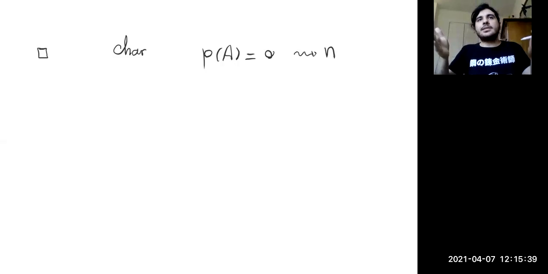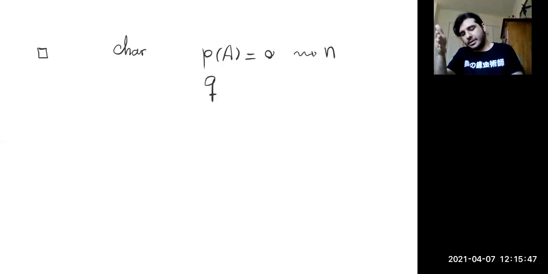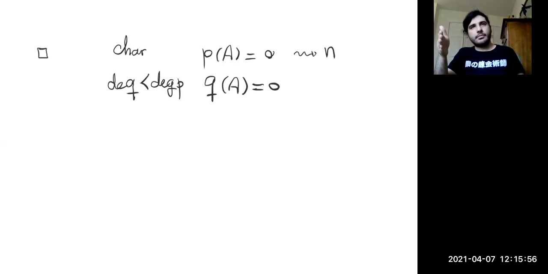Now, there are two possibilities. Either there is some polynomial q with degree less than the degree of the characteristic polynomial, such that this also holds, and the degree is non-zero, or not.